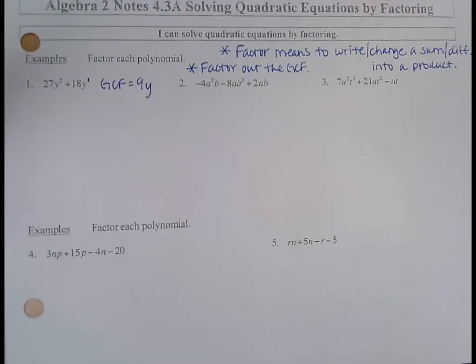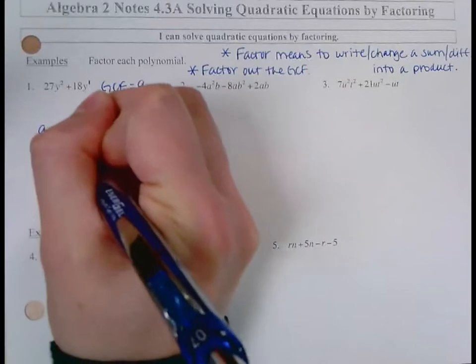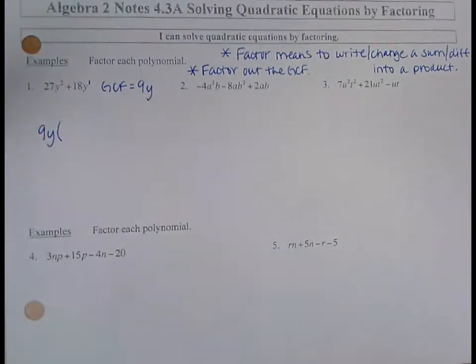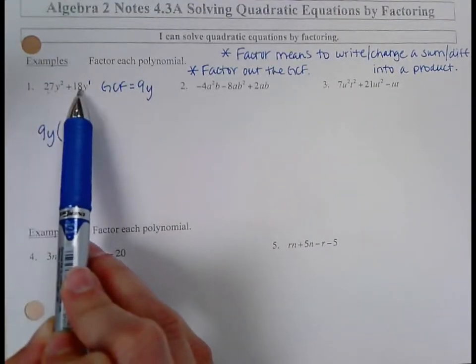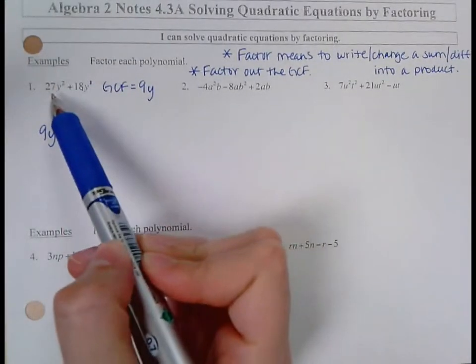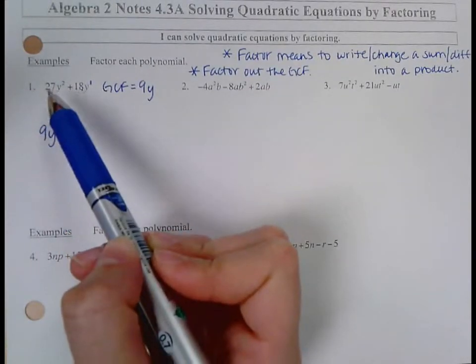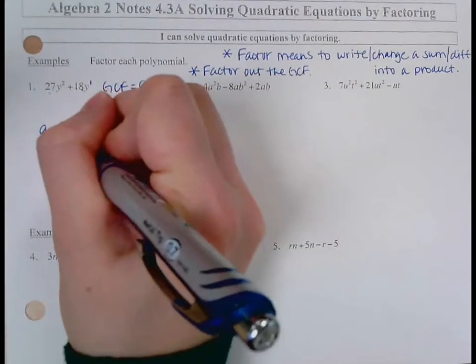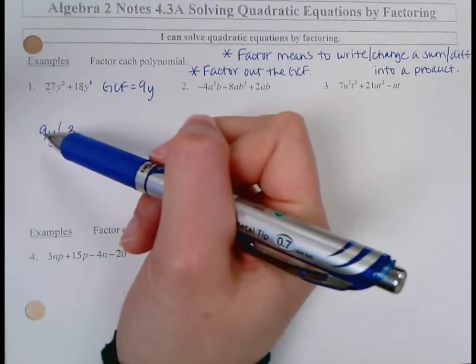So when I write this in factored form, I'm going to write the GCF of 9y in front of a set of parentheses, and what goes in the parentheses is what you're left with when you divide each term by the GCF. So factoring something out means you're dividing it out of those terms. If I divide 27y squared by 9y, 27 divided by 9 is 3, and then y squared divided by y, I have y squared.